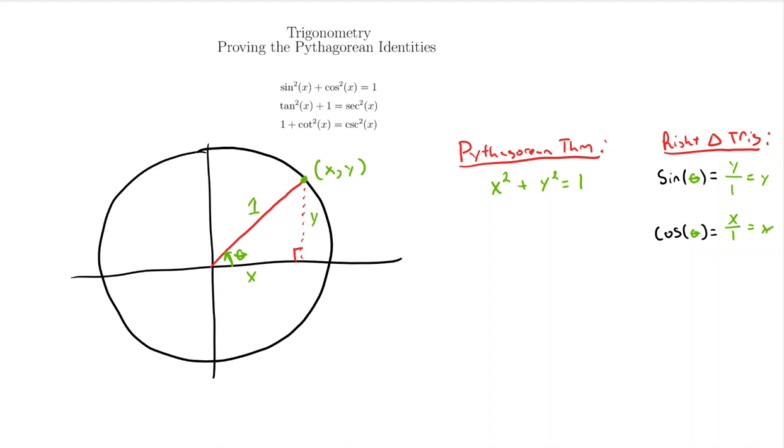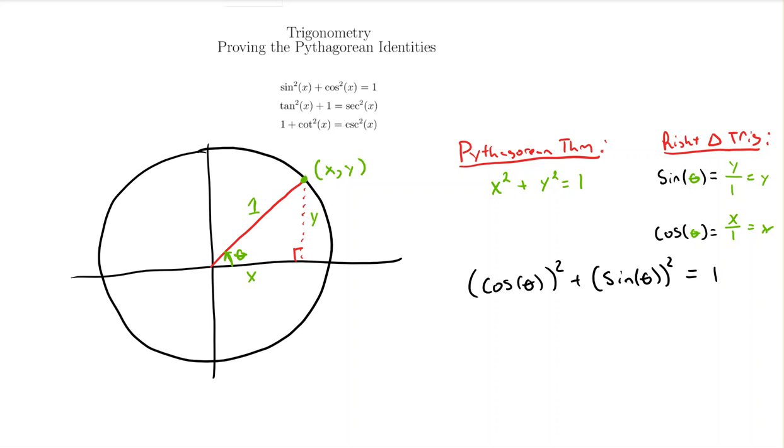Well, here's where I take my information from the Pythagorean Theorem and my right triangle trig and combine them. If y is equal to sine of theta, I can replace y in my Pythagorean Theorem equation by sine of theta. And similarly, since cosine of theta is equal to x, I can replace x in my Pythagorean Theorem equation with cosine of theta to give me cosine theta all squared plus sine theta all squared equals 1.